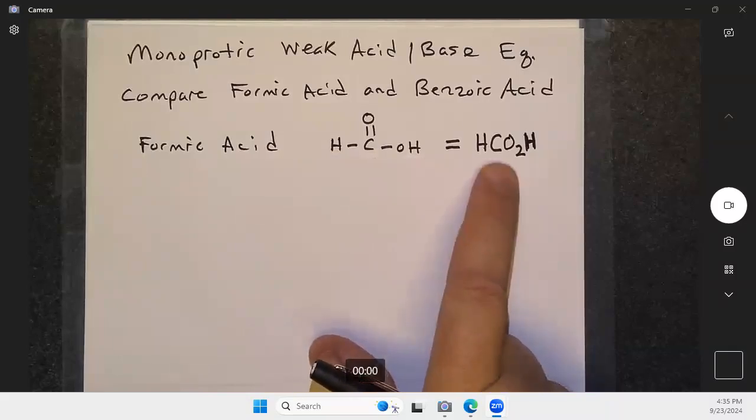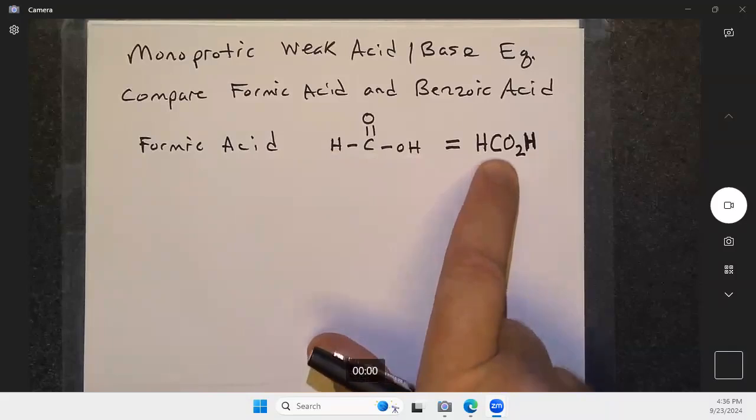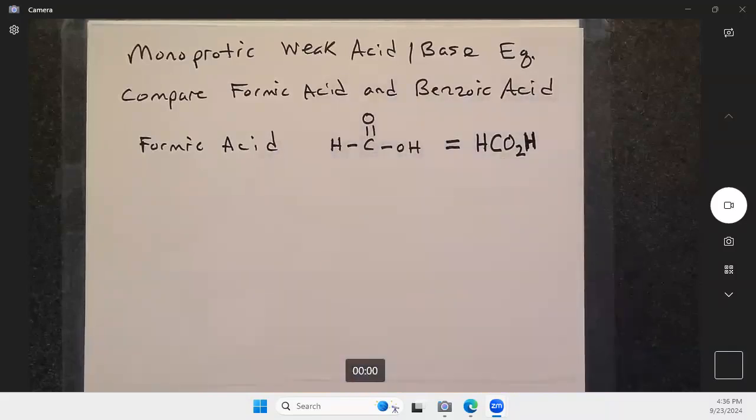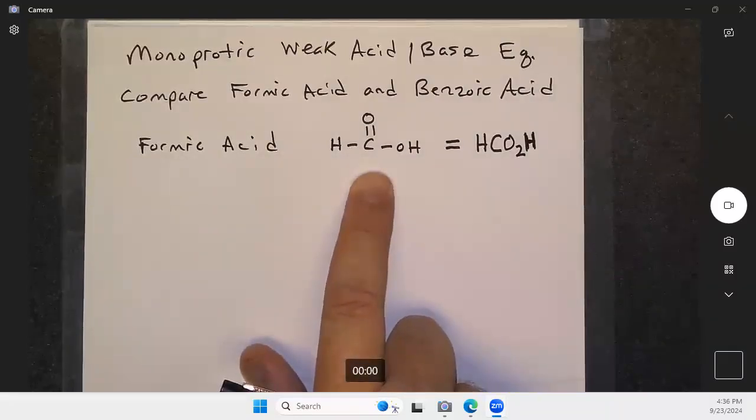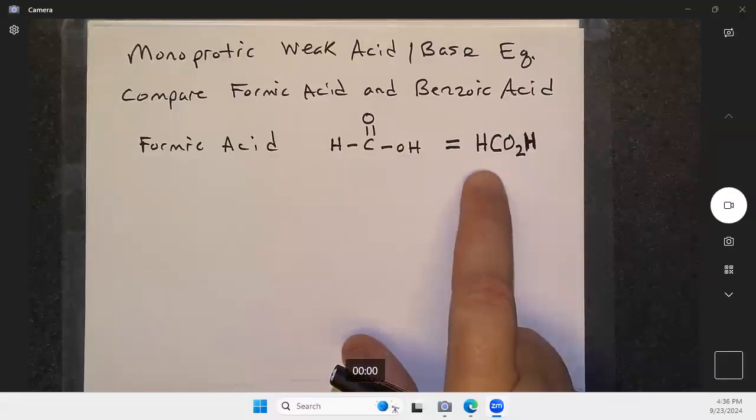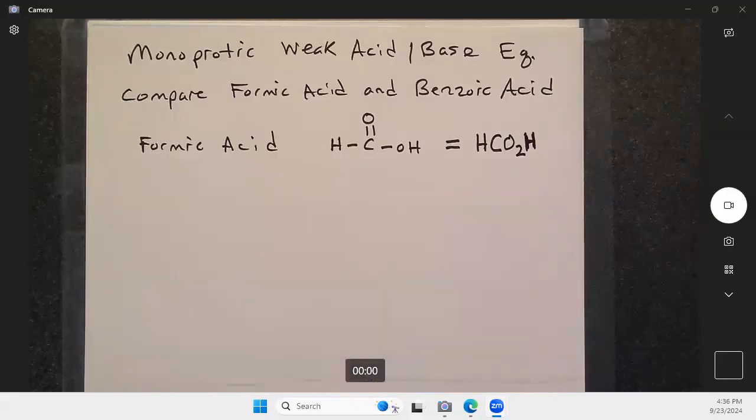And then I just condensed this formula so that we're not drawing this 2D structural formula, because we don't have time to fool with all that. We've got other things we have to do, right? So I want you to get in the habit of not worrying about these organic style structures, right? We'll start doing them more this shorthand way.